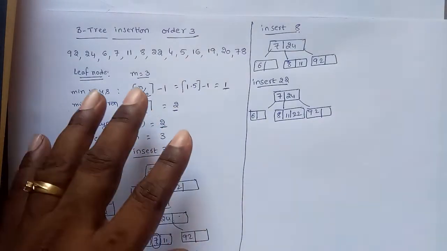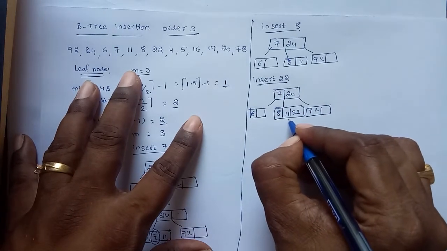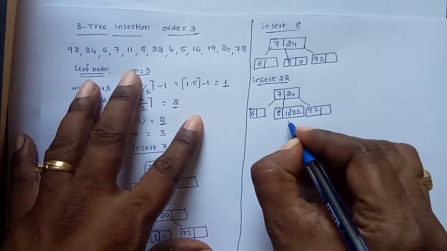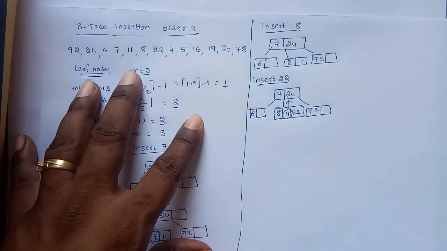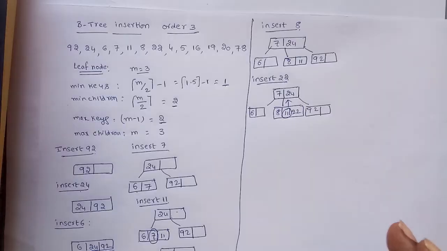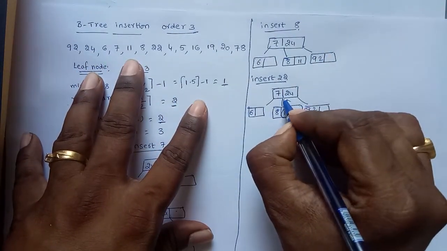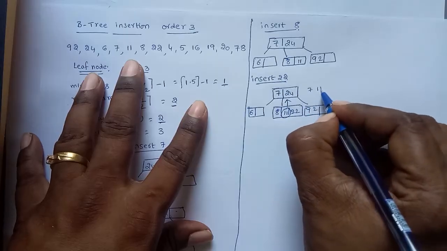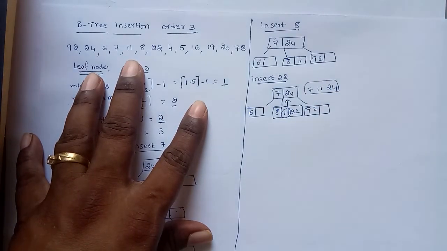After inserting 22, what happens? This node violates the property. Whenever it violates the property, move the middle element to the parent. By moving it to the parent, the node becomes 7, 11, 24. It also violates the property.